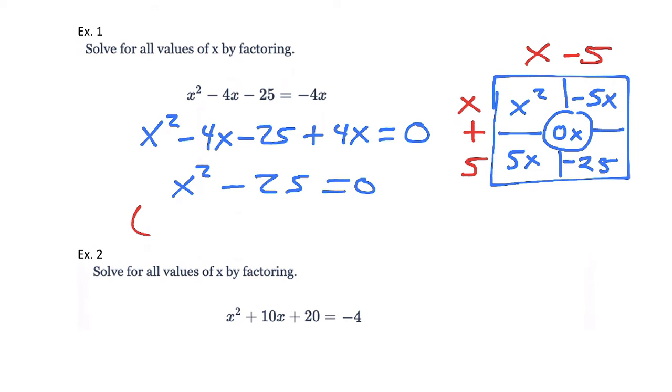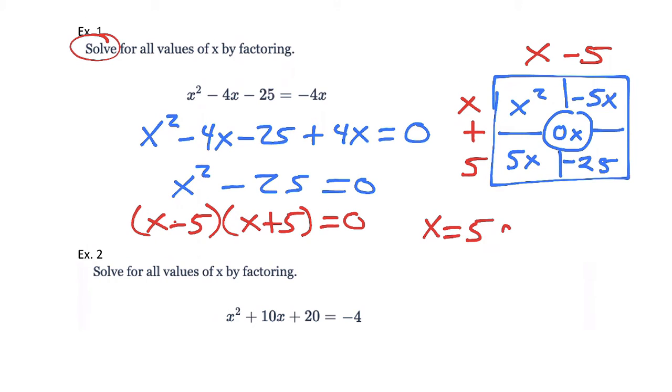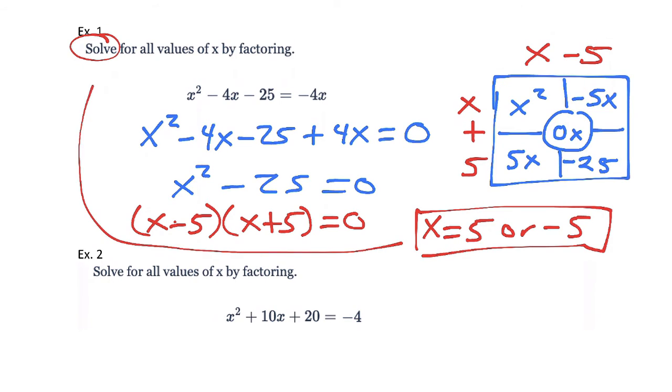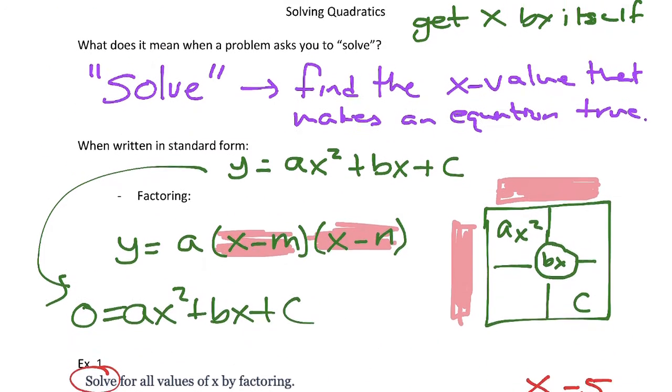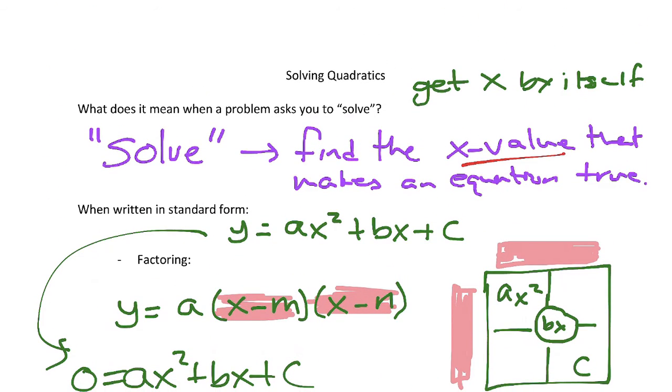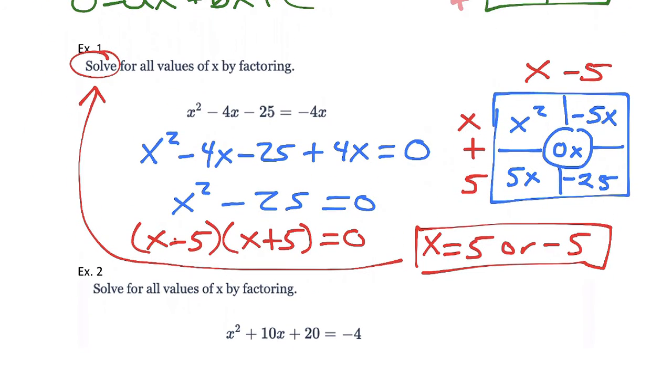So that's our factors, x minus 5 times x plus 5. That means if we're going to solve it, we're going to figure out what x is. That means x can equal 5 or negative 5. That's our answer right there. That's what it means to solve. It means find a value for x that makes the equation true.